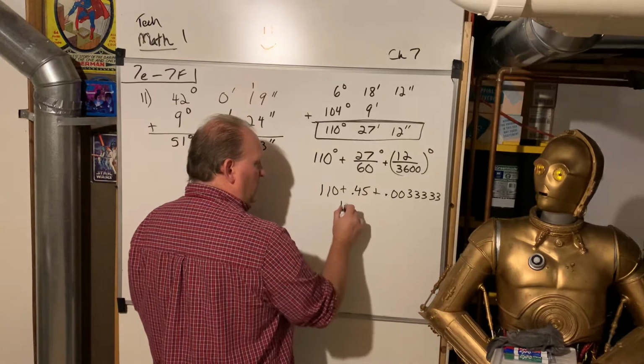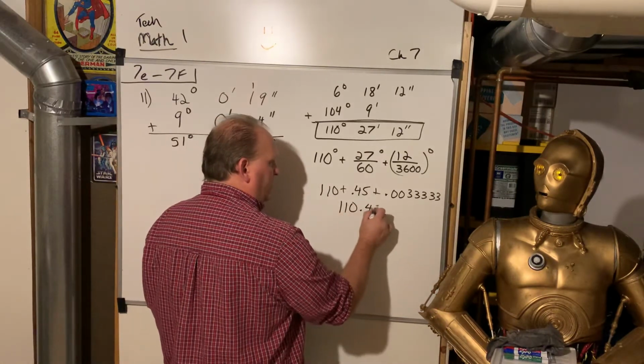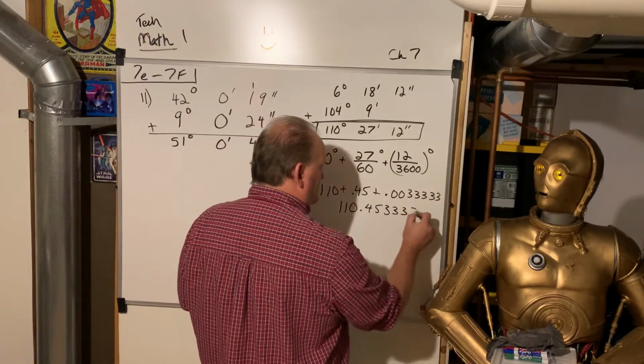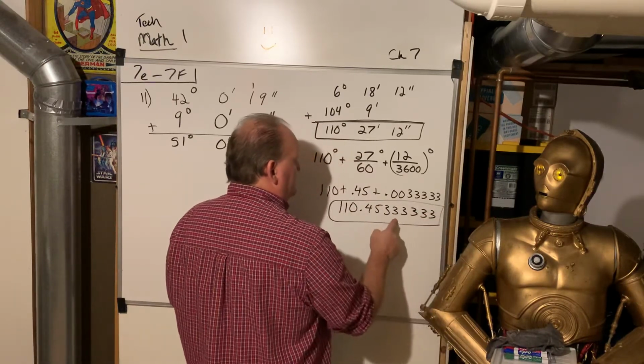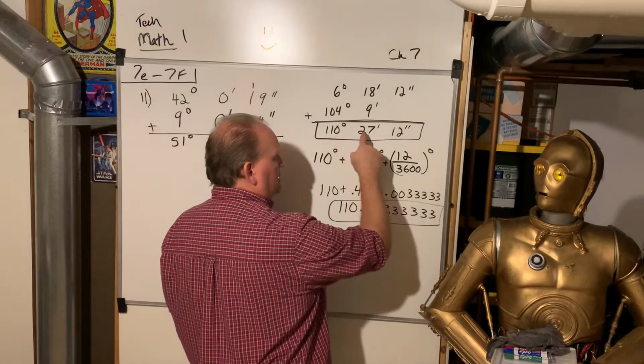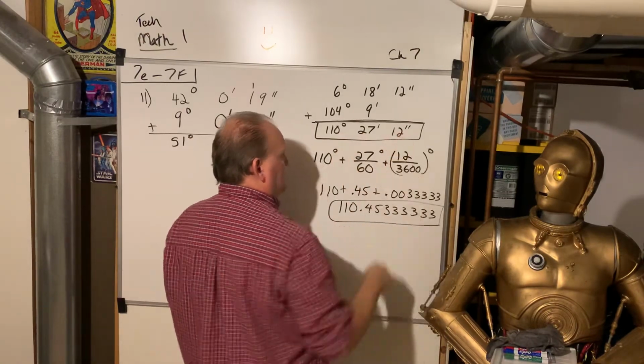So we would have 110.45333333 forever. This is the same as 110 degrees, 27 minutes, 12 seconds.